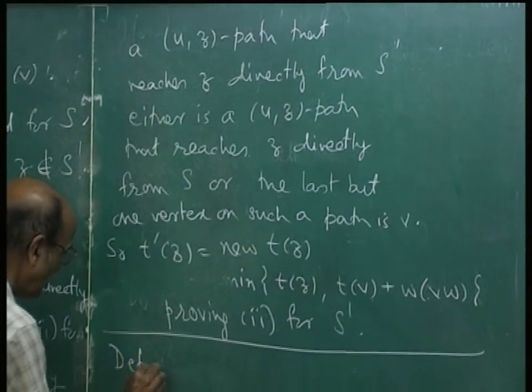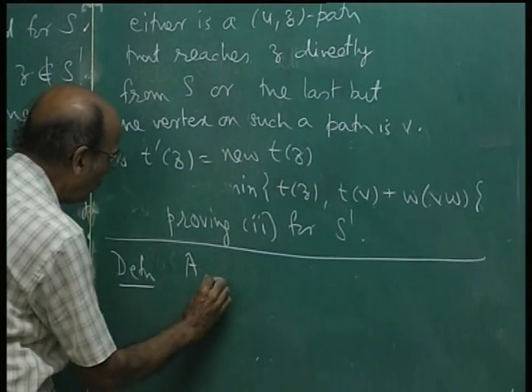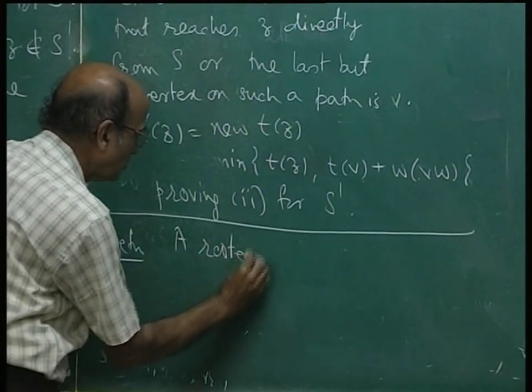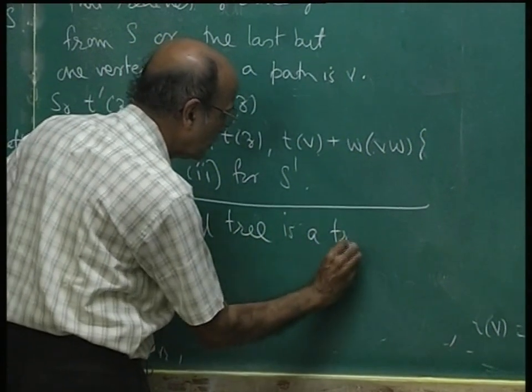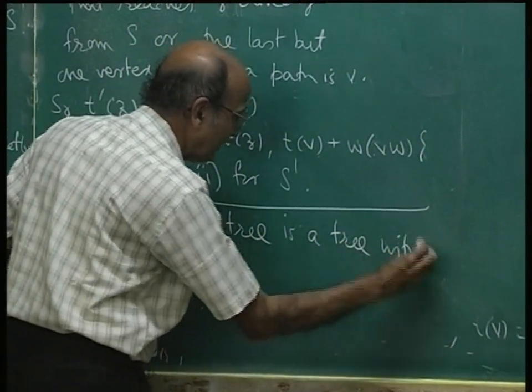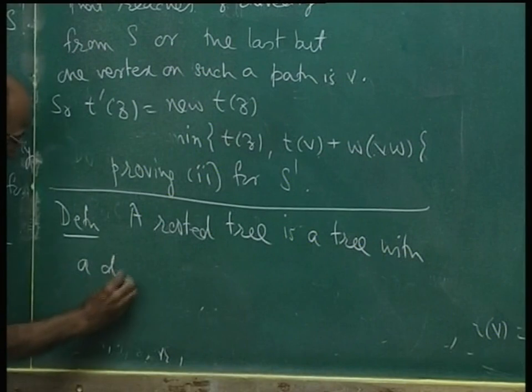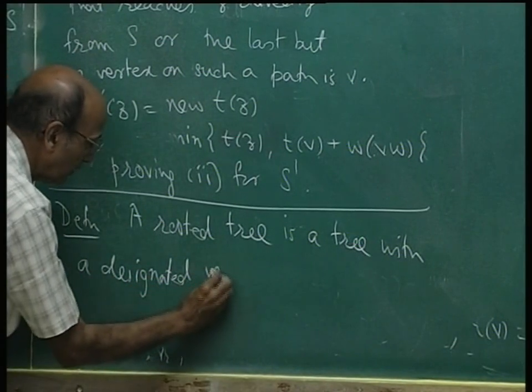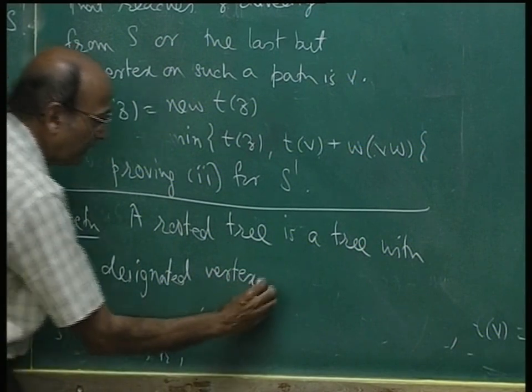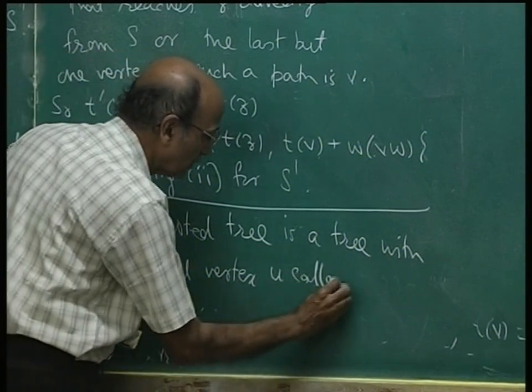Definition: a rooted tree is a tree with a designated vertex called its root.